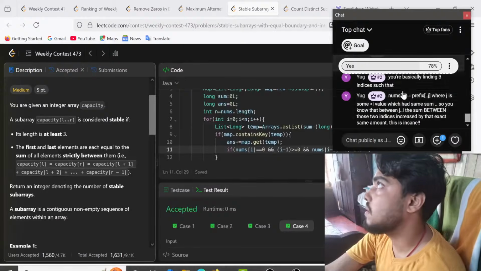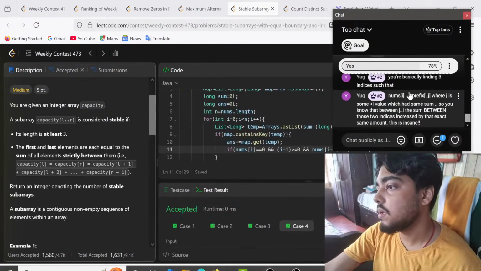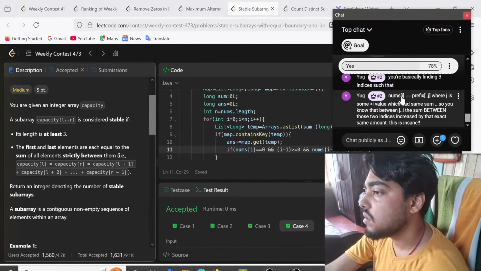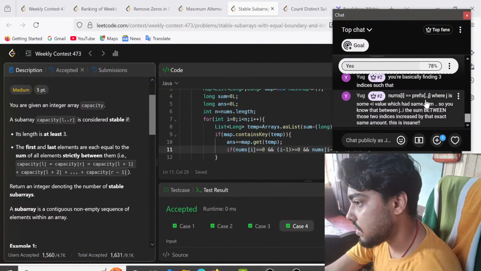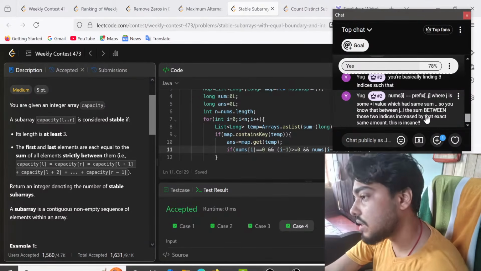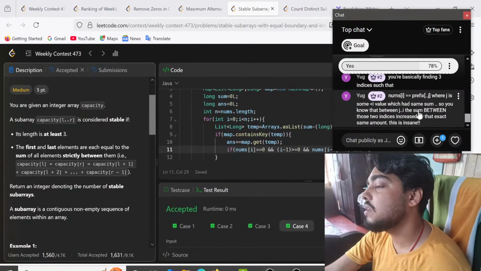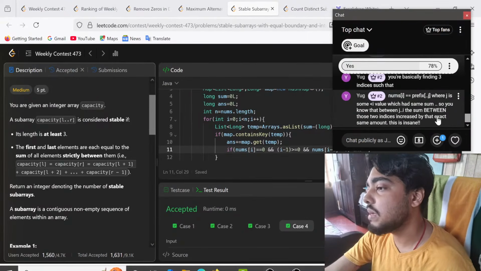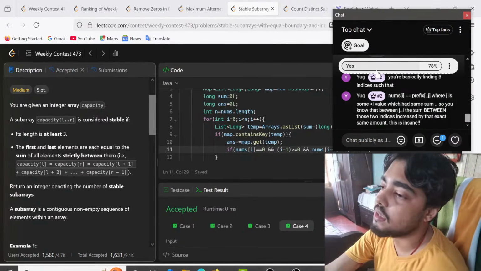Subarray sums, correct. Nums of I is equal to prefix of j, where j is some value which has the same sum, correct? So you know that between j and I, the sum between those two elements increases by that exact same one. That correct. That's it. Thanks.